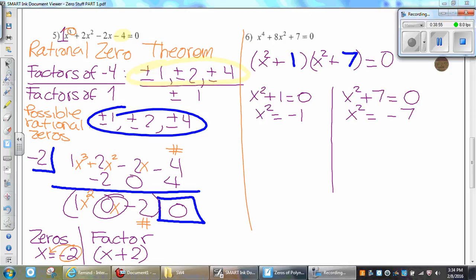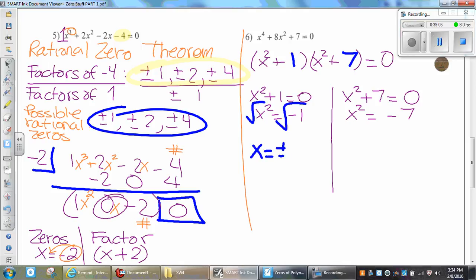Okay, so let's finish this problem quickly because I want to show you some examples of the rational zero theorem. So in this case, we take the square root, and of course, we're going to get plus or minus. What is the square root of negative 1, guys? i. So remember, here you have x equals positive i and x equals negative i.